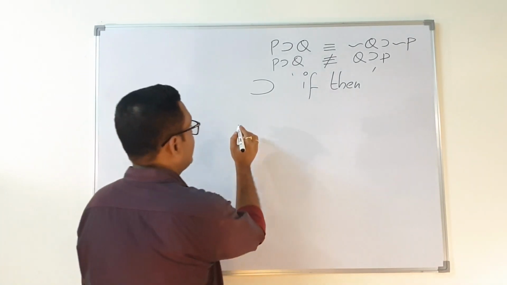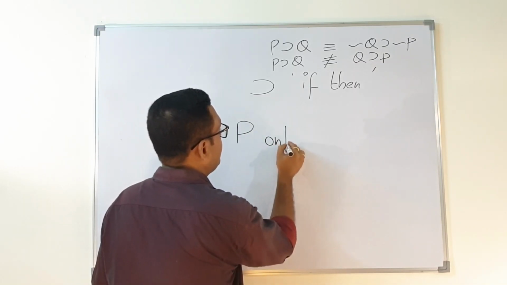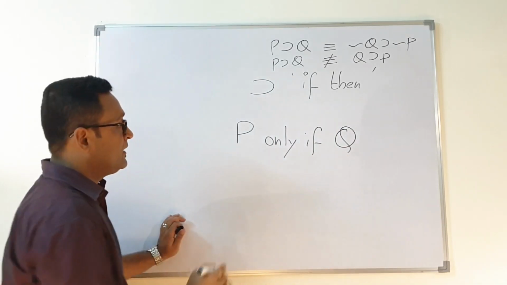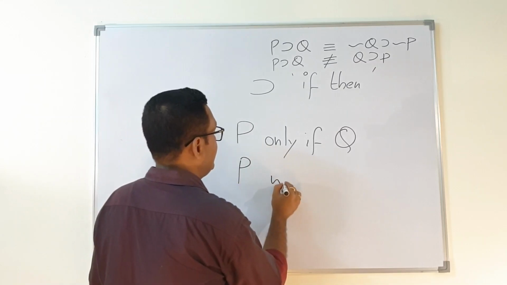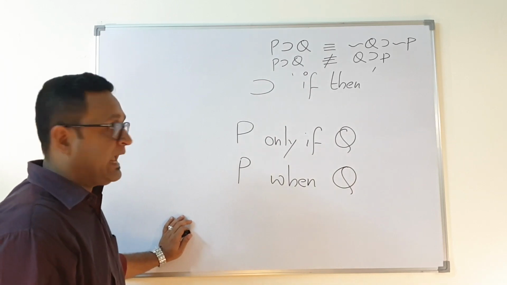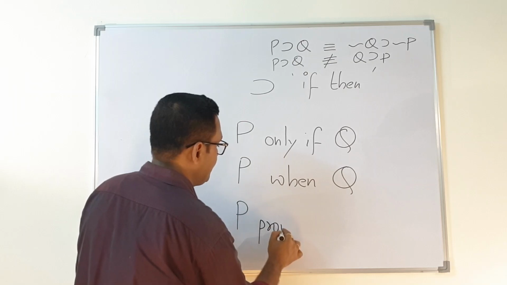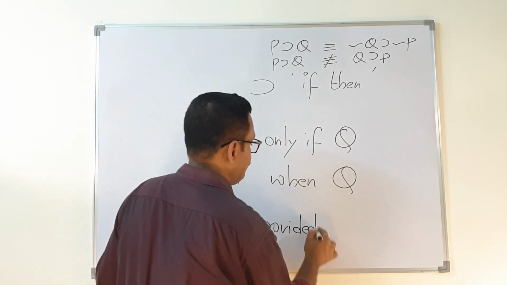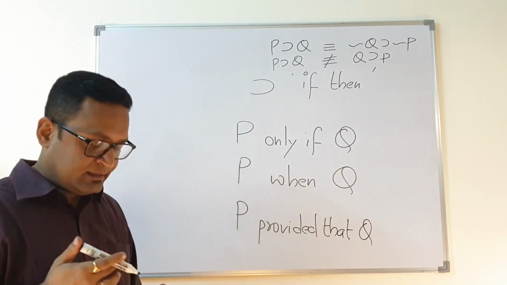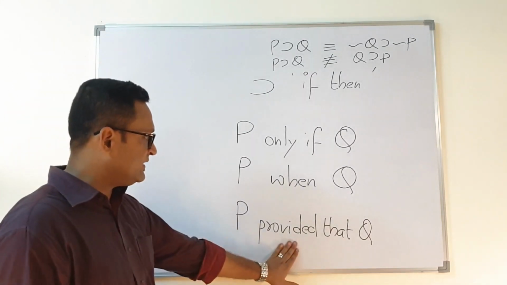Like there is a condition like this: P only if Q. P when Q. And there can be another one: P provided that Q. Now, what will be the symbolizations of these propositions? Let's start with the last one.